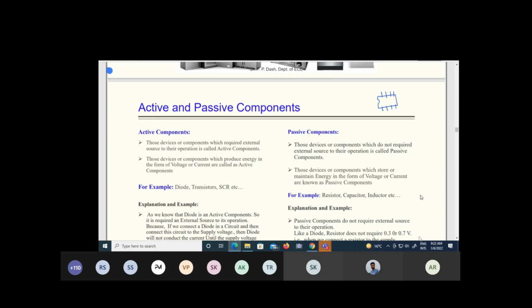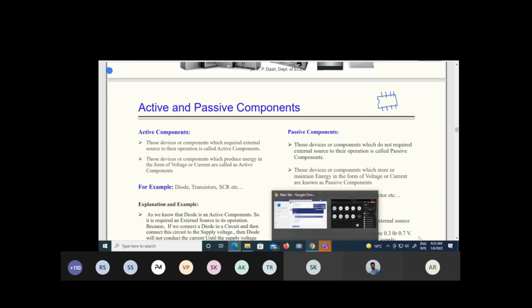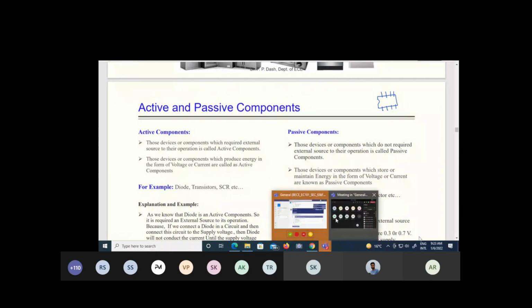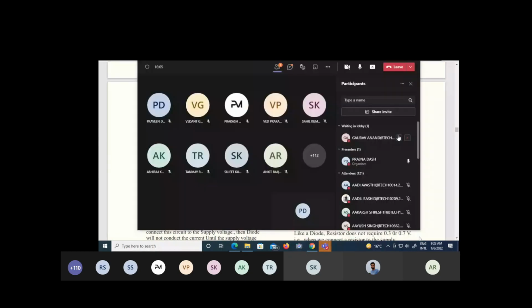This type of component which takes external power to operate is called an active component. Also, components which can produce energy from the voltage or source are called active components. For example, diode, transistor, op-amp, silicon controlled rectifier. There are a lot of examples in electronics of active components.